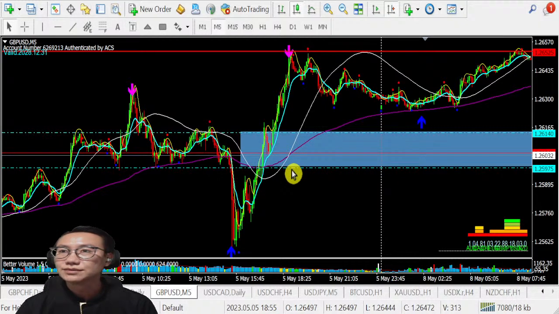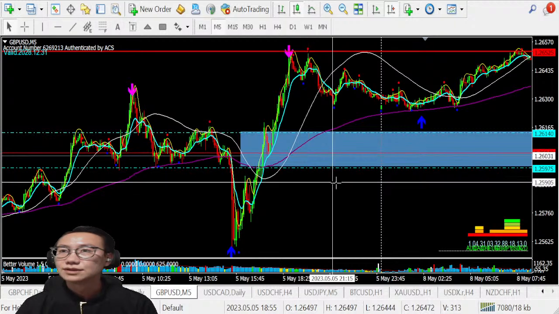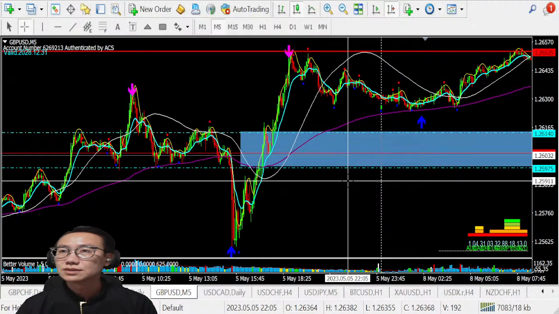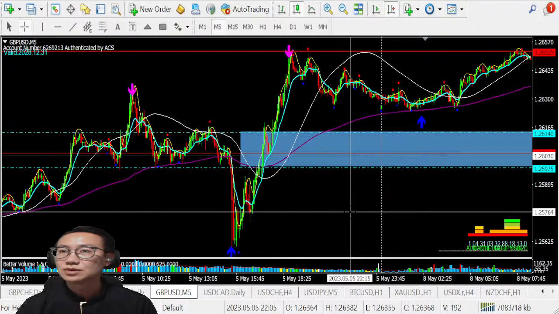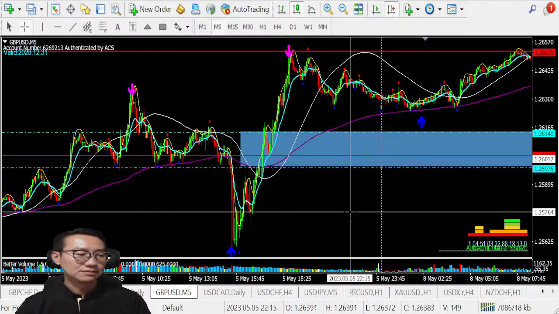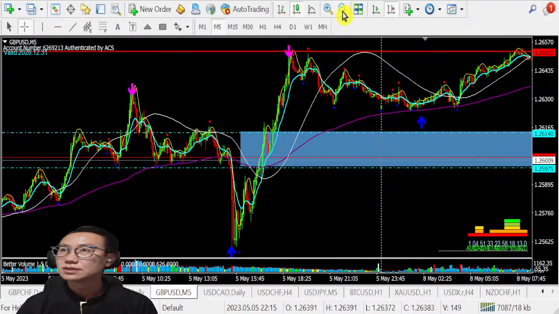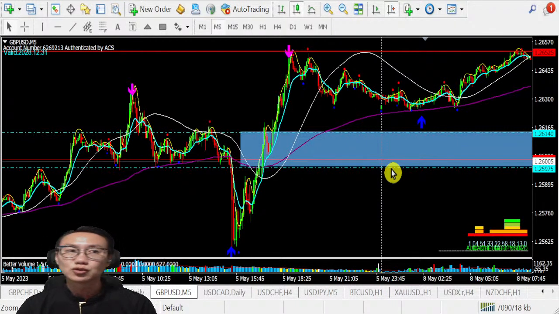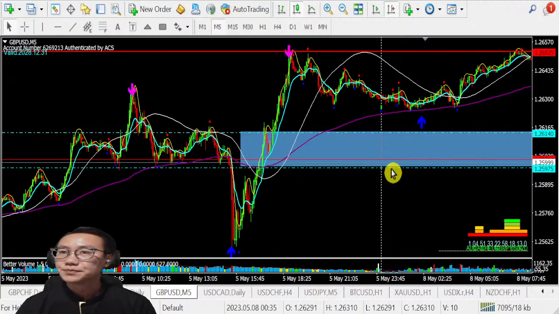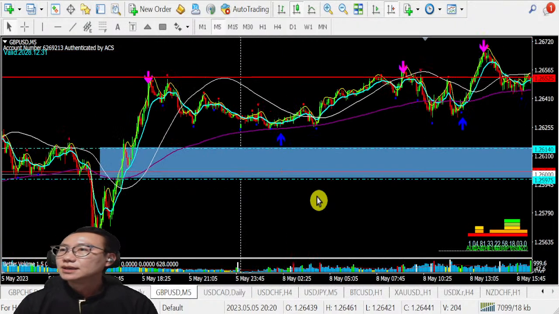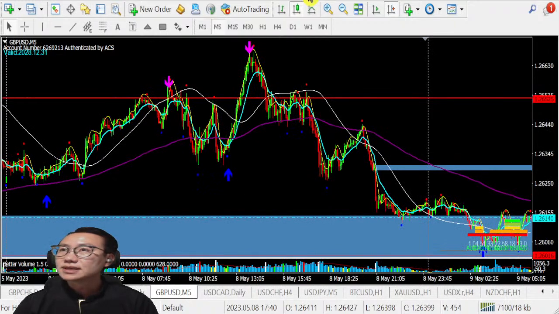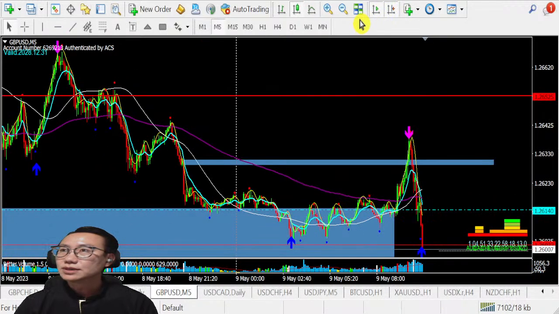After this area it may still go down a bit more to take this. After that we may have another 20 pips to go. Start selling down.